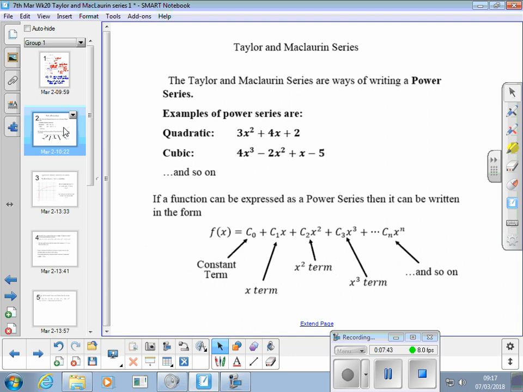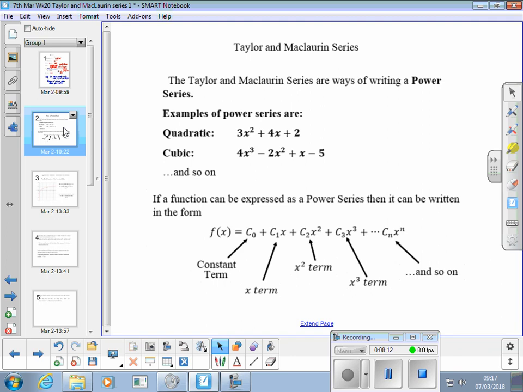Examples are quadratic, 3x squared plus 4x plus 2, cubic, 4x cubed minus 2x squared plus x minus 5, and so on. So gradually increasing the powers of x as you go on different functions. If we can express a function as a power series, then it can be written in this kind of form.